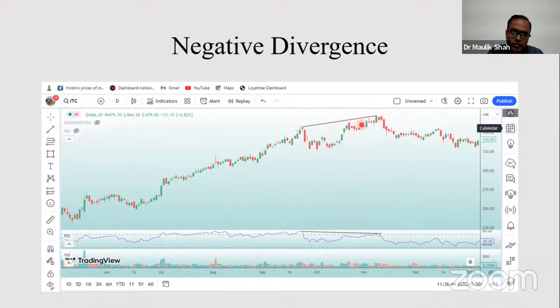This is the time where you consider that a reversal is probably going to happen. At this moment I would exit this position. I will not exit at this stage immediately, but when the downfall is confirmed, the nearby support has been broken, then I would exit. So this is negative divergence.